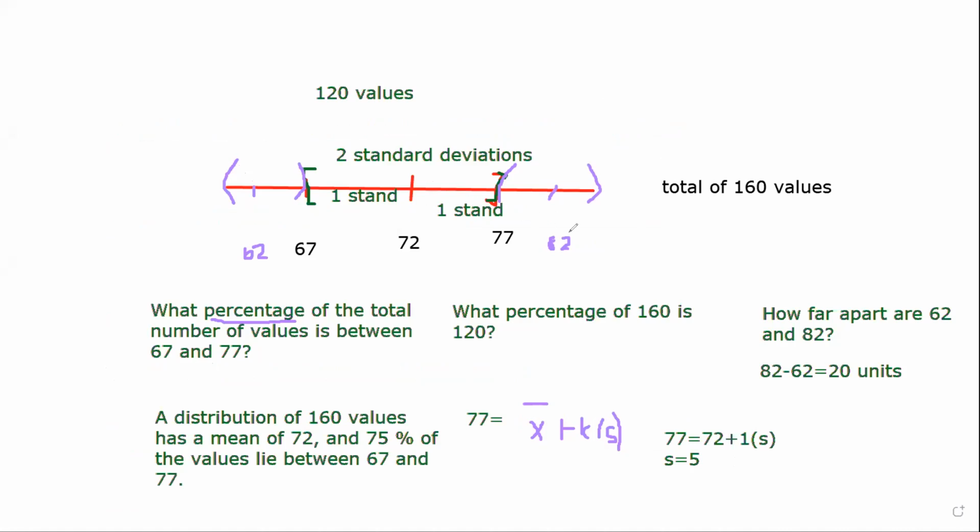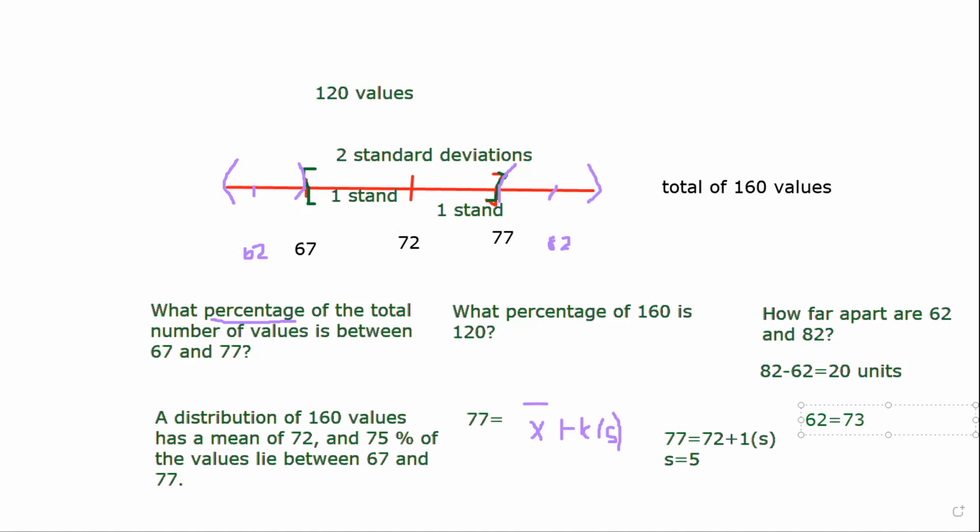You can either start from the 82 and go back to 72, or you can go from 72 back to 62. Doesn't really make a difference. Pick one. I'll go on the left side this time since I went on the right side before. So here I'm going to say that 62 is equal to the mean, which is X bar, 72.